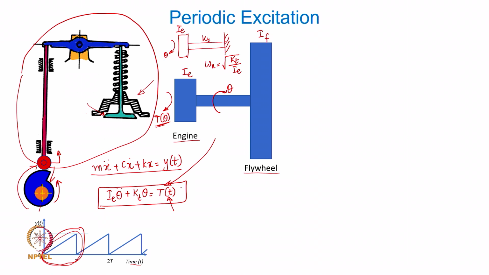Can I write this torque as a function of time as some constant torque times e to the power j omega t? I can write this provided I know that the torque is going to vary harmonically, and then the same governing equation of motion and everything associated with it is valid.